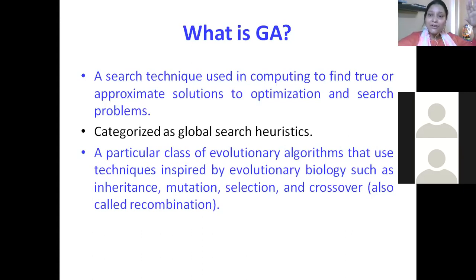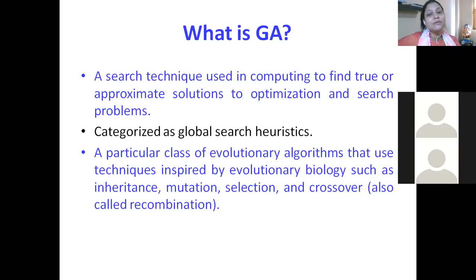Whenever you perform research level work, you need to understand whether GA may give you the optimal solution, or maybe DE will, or ant colony optimization, or PSO, or which one. So this is what GA offers us.